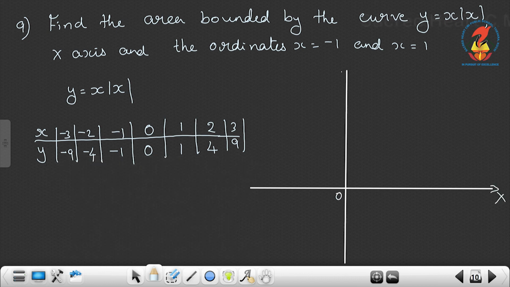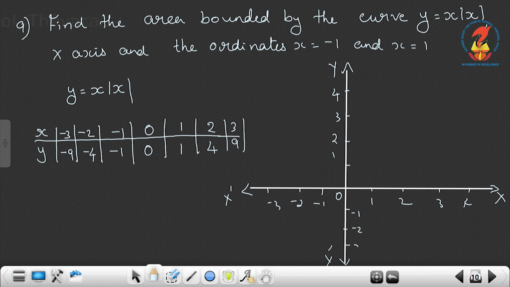x, origin, y, x dash and y dash. So 1, 2, 3, 4 on the right. Left side minus 1, minus 2, minus 3. Then minus 1, minus 2, minus 3 on y.